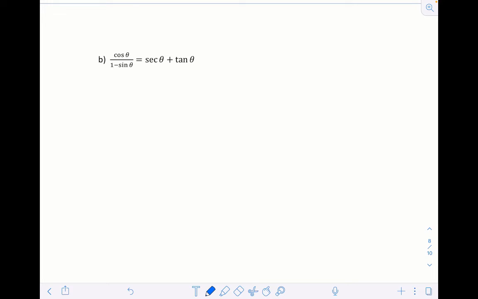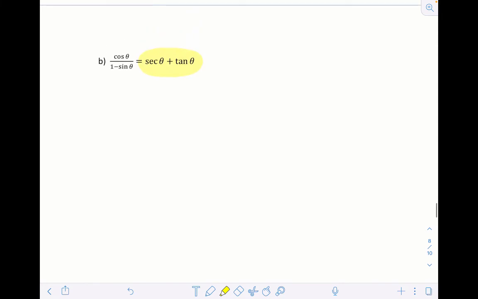You could start with either one. Honestly, if I started with the right side, I would probably rewrite those both with sines and cosines and then try to combine them into a single fraction using common denominators. So that's one thing that you could do.